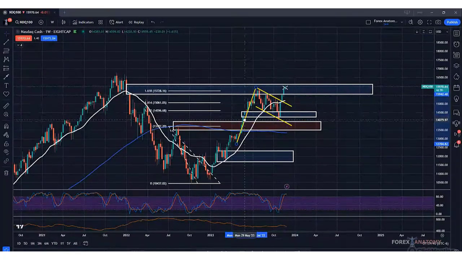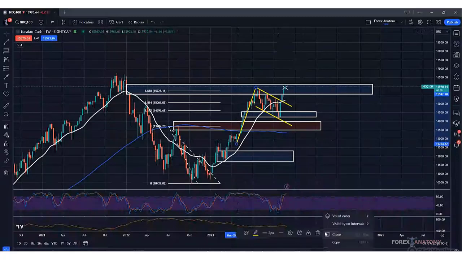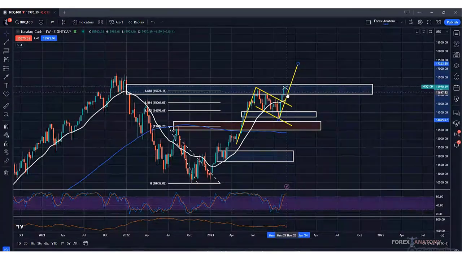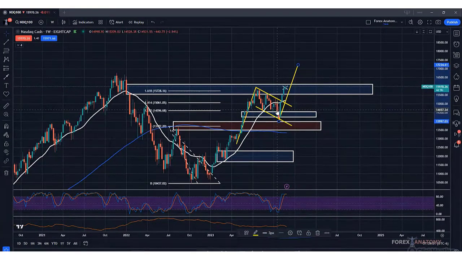Let me clone this to keep it on there. We put the flagpole at the end of the flag. We can't assume price is going to go to this area, but to play it safe, we can at least target this area of structure right here.